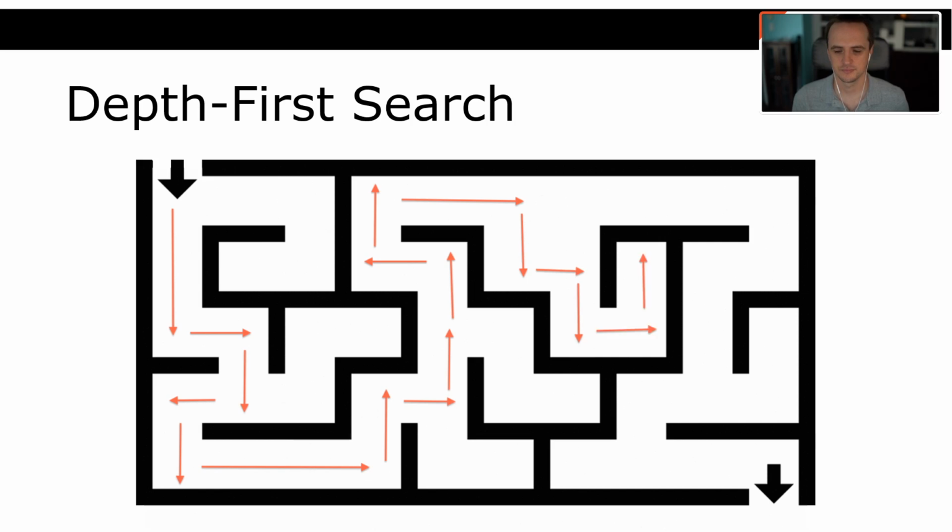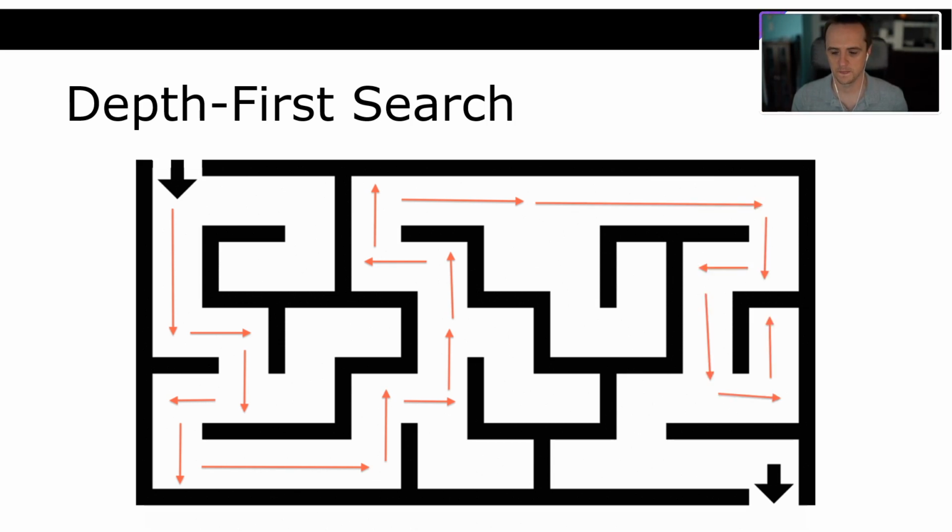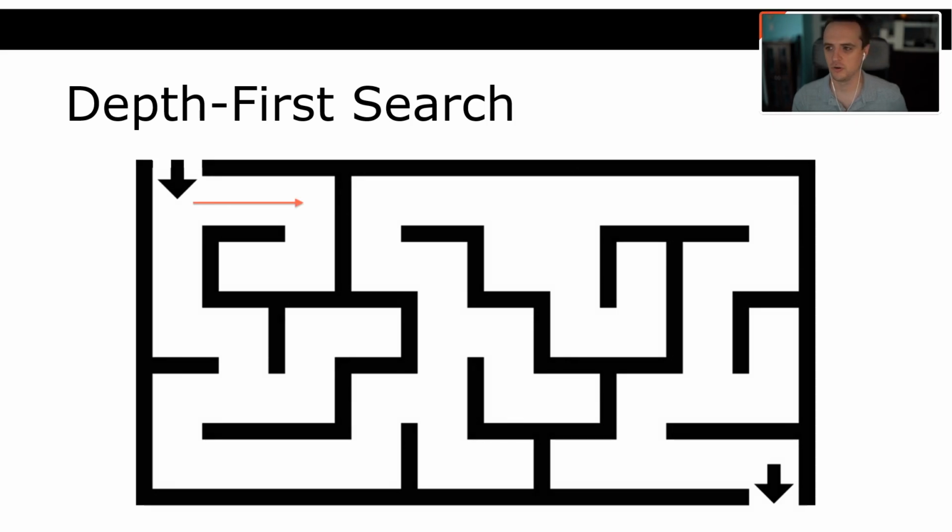All right, so I'm just waiting for this to finish, and it's going to back up and find the solution eventually, right? So that's how DFS would find a goal.